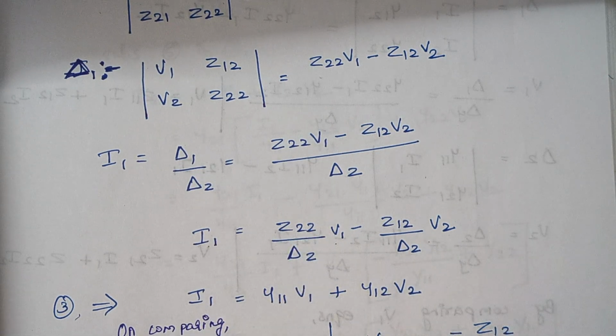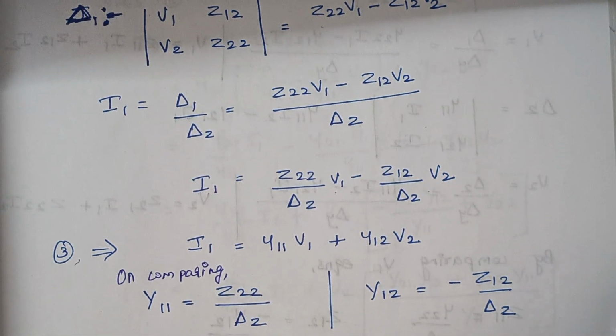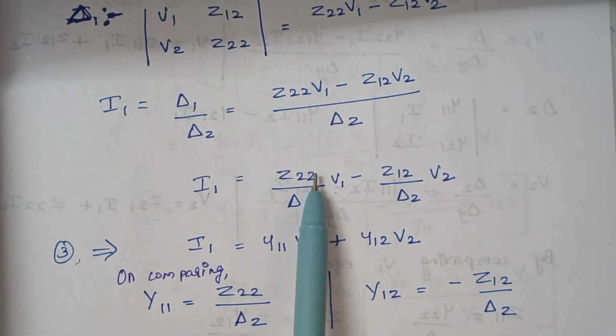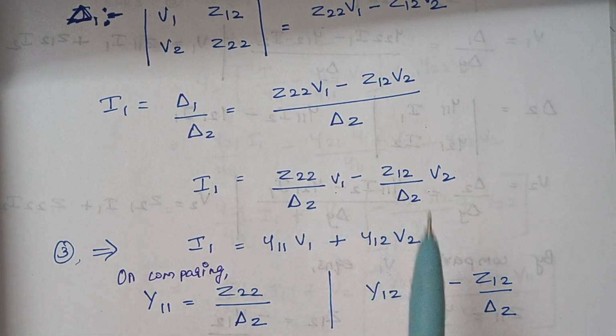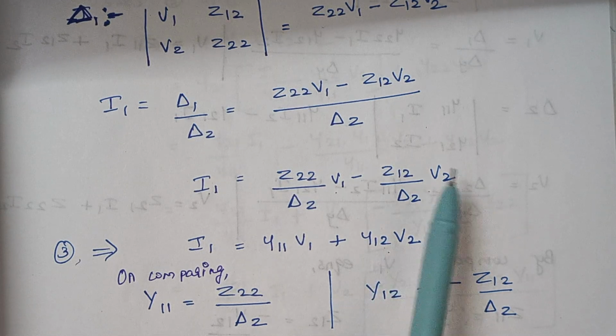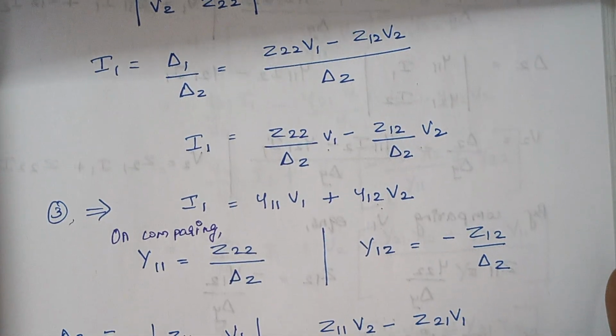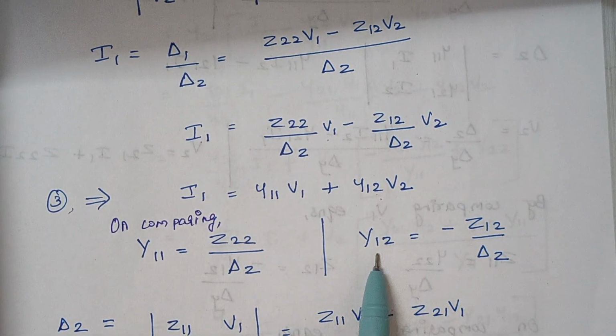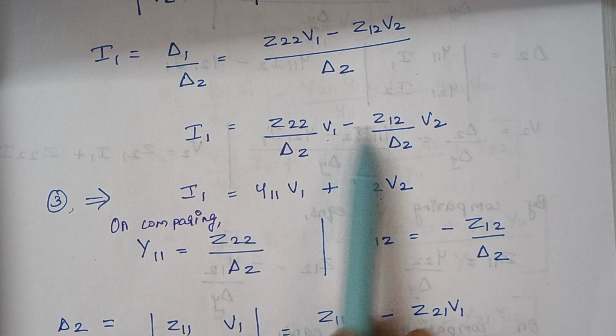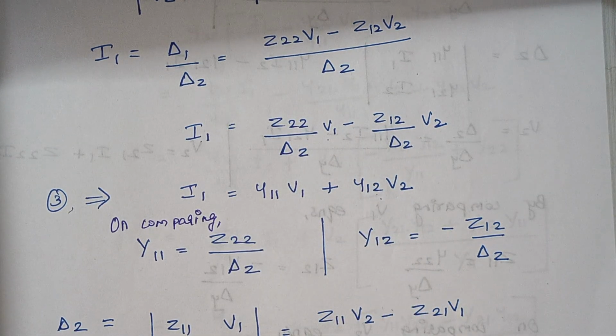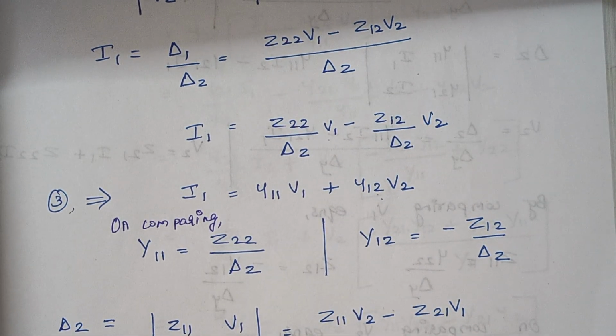When you compare, we can write Y11 is given by Z22 by del Z and Y12 is given by Z12 by del Z. Sorry, we have to include this minus sign. So we have calculated Y11 and Y12.